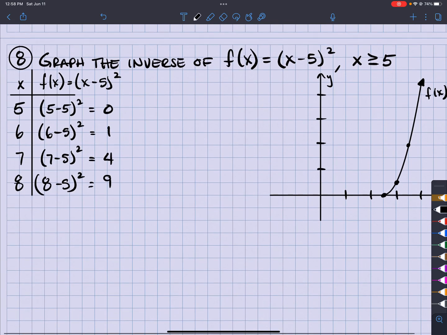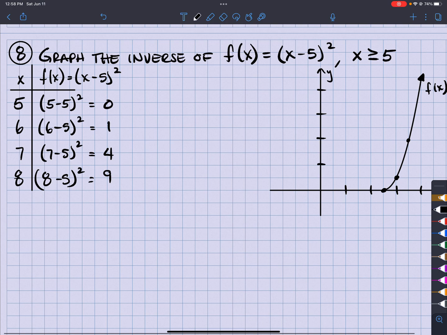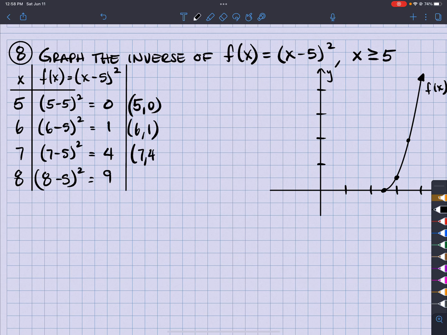Okay, so again, my points were, let me draw a line here. My points were (5, 0), (6, 1), (7, 4), and (8, 9). To find the inverse, what do I have to do?